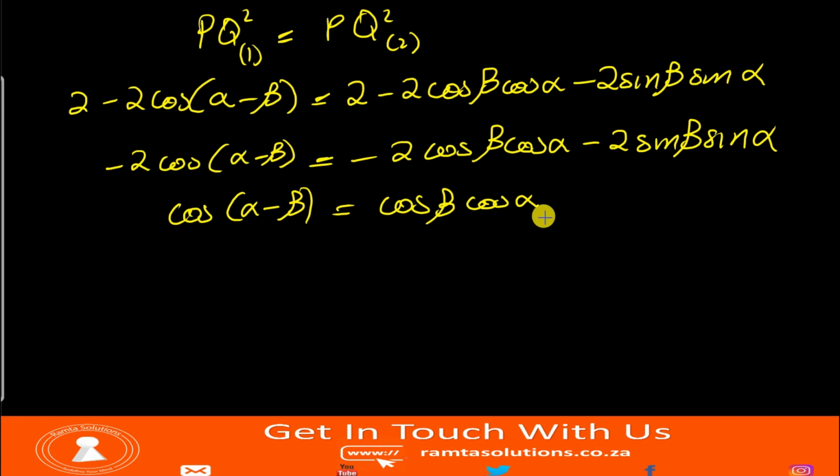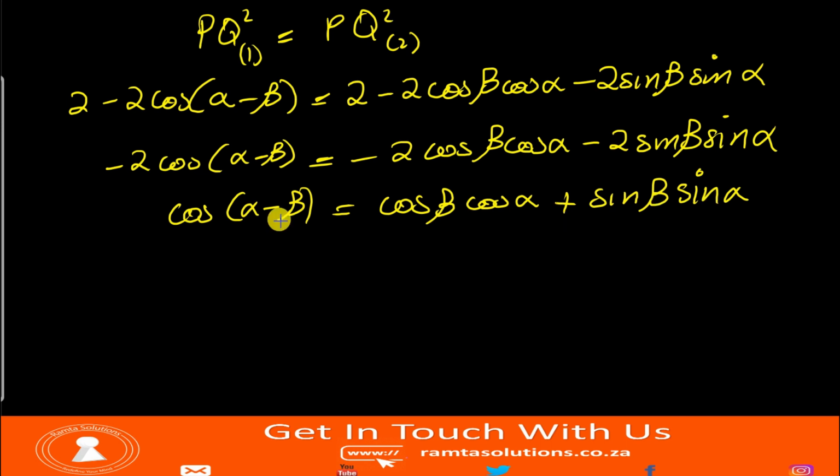Again, I'm still dividing by negative 2, so it's going to be plus sine beta sine alpha. Okay, so this is you now deriving that formula. Let's go to the first page. We have cos alpha minus beta is equal to cos beta cos alpha plus sine beta sine alpha.